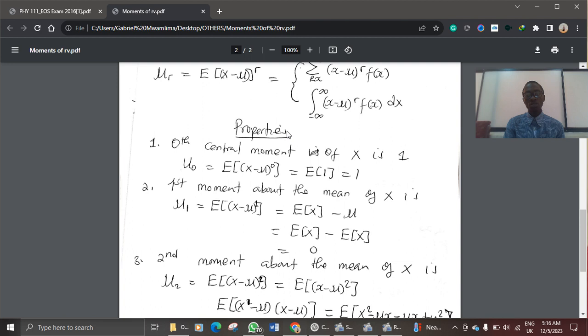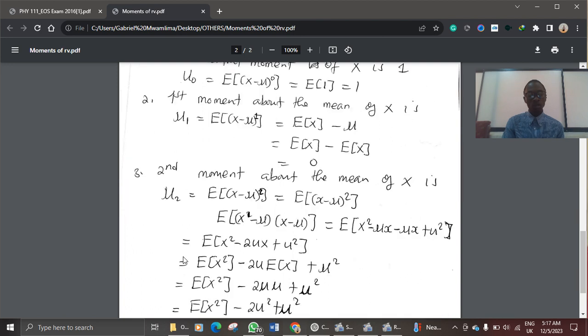Now let us look at this last property. Of course there are many properties, like the third moment and the fourth moment, but in this video we are only going to look at three: the zeroth, the first, and the second moment. The second moment about the mean of x is equal to the following. We have mu 2, so r is equal to 2. We have the expectation of (x minus mu) raised to the power 2.